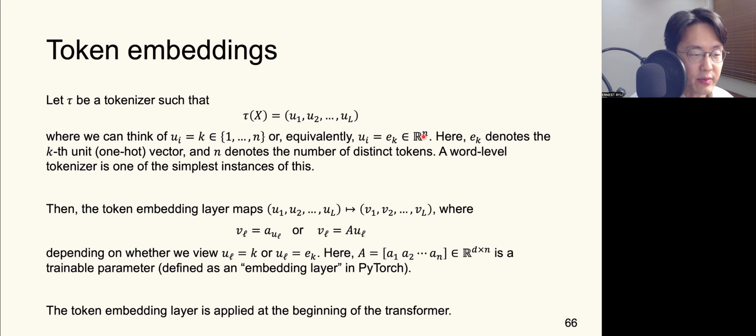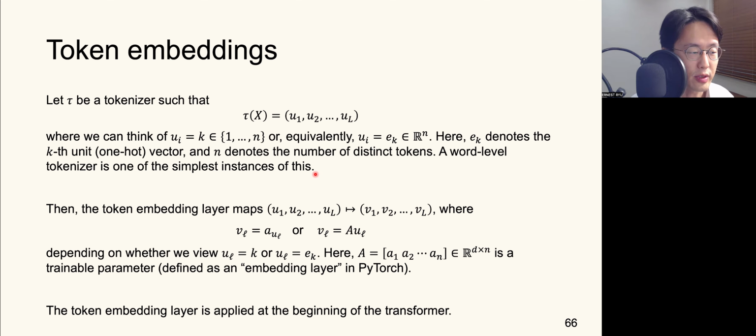So there are n possible choices of these tokens, and at the ith position, the U vector takes on the one-hot vector with the one at position K. Or we can equivalently think of this tokenized U value to be equal to the integer K. We're going to go back and forth between this notation where Ui is equal to the integer K and Ui is equal to the one-hot vector e_K. Again, n is the number of distinct tokens.